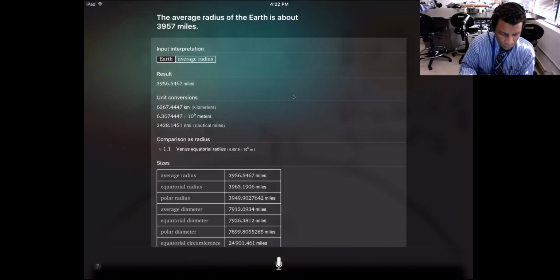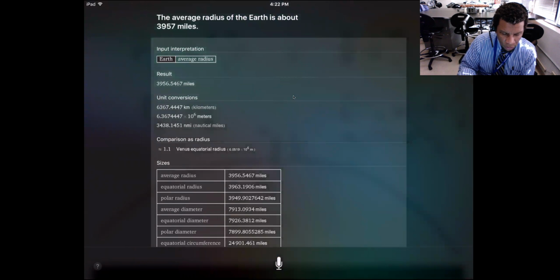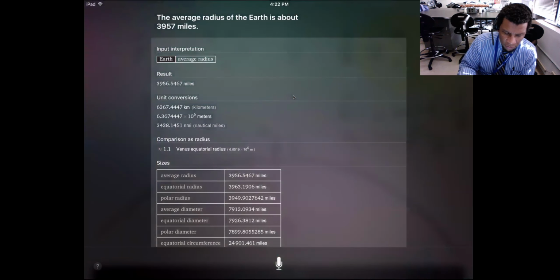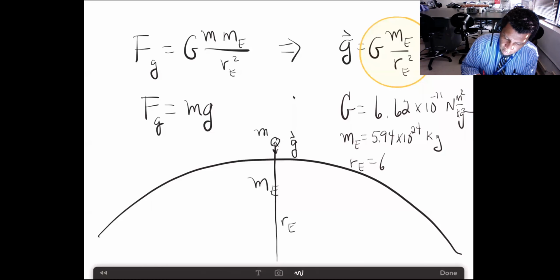Let me check that. The average radius of the Earth is about 3,957 miles, so we're going to use 6,367 kilometers. I'm going to turn it to megameters, so 6.367 times 10 to the 6th meters.